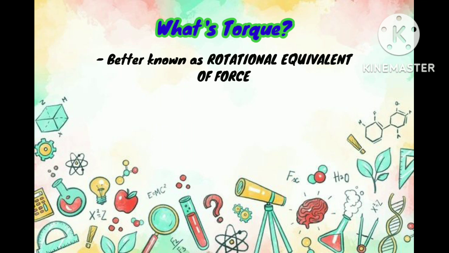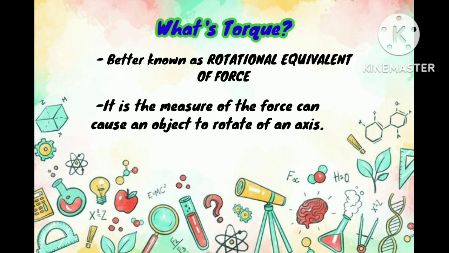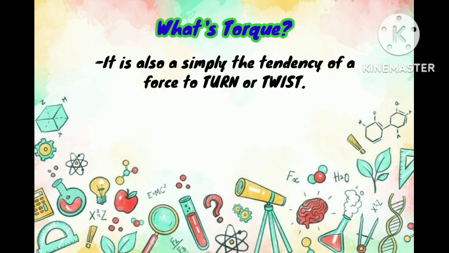Torque is better known as the rotational equivalent of force. It is the measure of the force that can cause an object to rotate on an axis. It is also simply the tendency of a force to turn or twist.